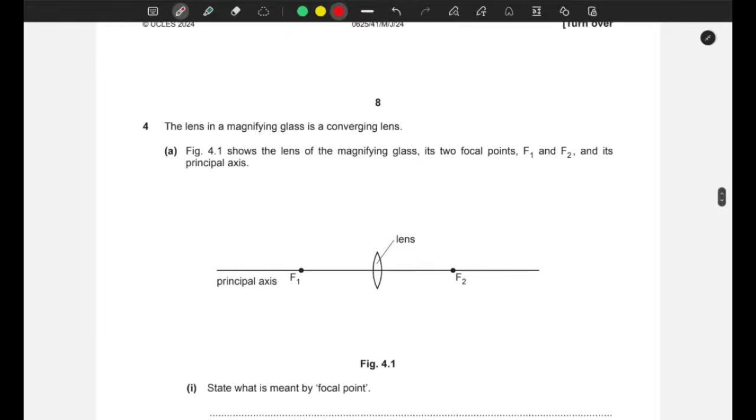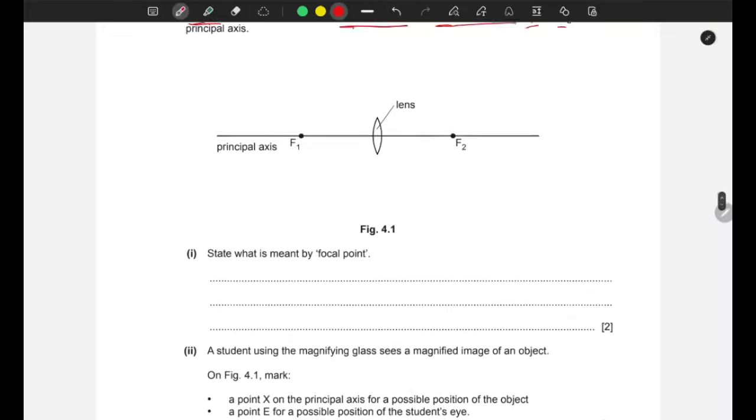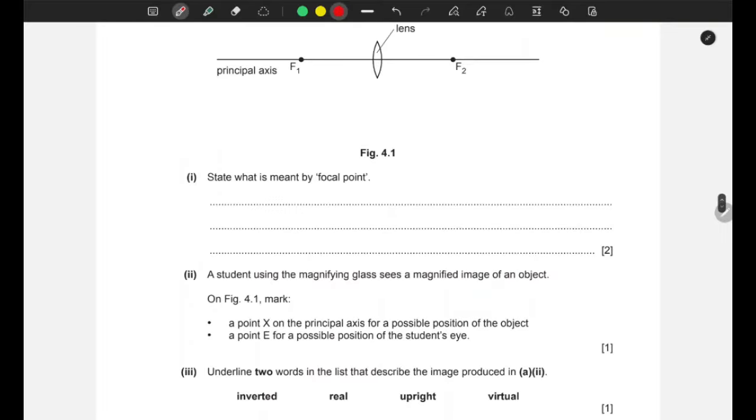Question number 4. The lens of a magnifying glass is a converging lens. So it's a lens like this. Figure 4.1 shows the lens of a magnifying glass, its two focal points, f1 and f2, and its principal axis. State what is meant by focal point.